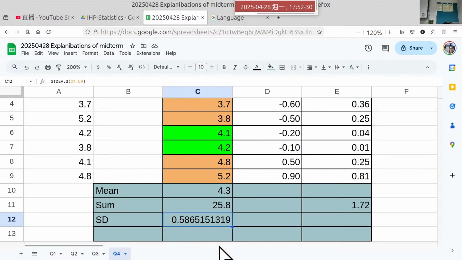The second way, you can use the formula. Again, okay. There are 2 ways.